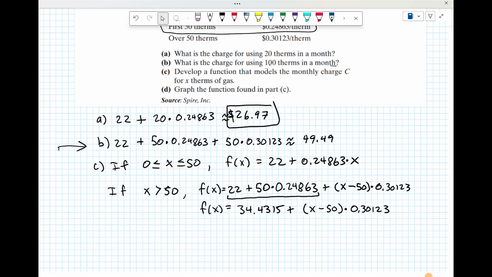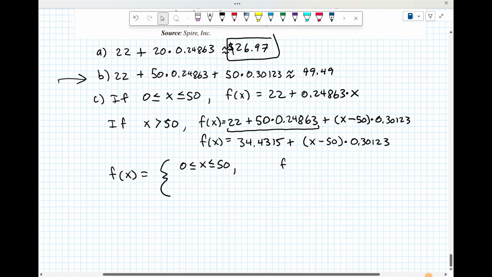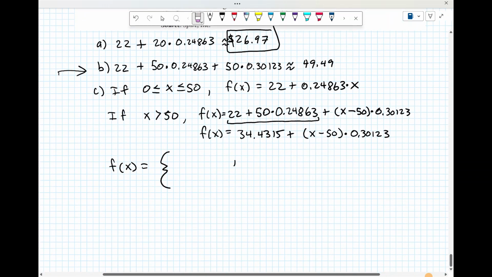All right. So next, I want to write this down as a piecewise function. First, I'm going to write down the equation.